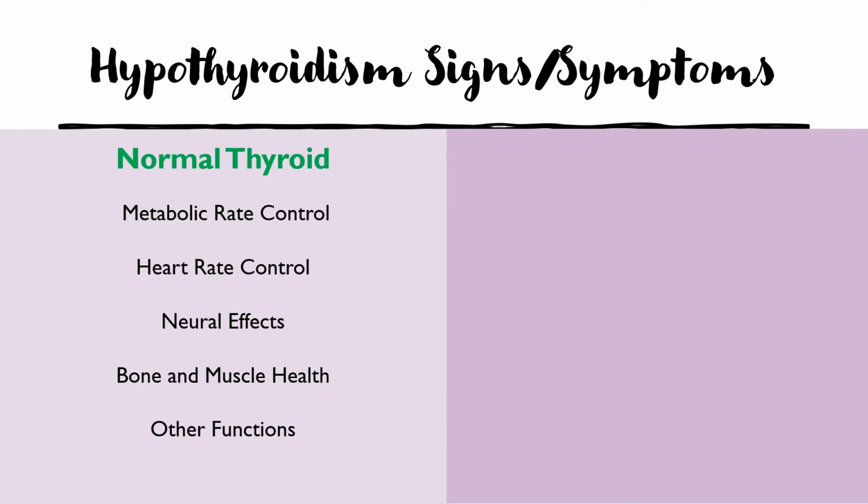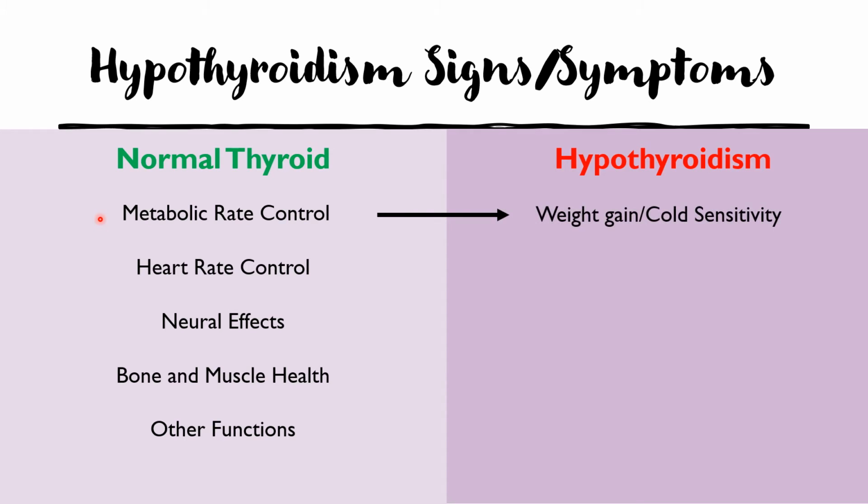As I mentioned at the beginning, we can extrapolate from the normal functions of the thyroid to work out the signs and symptoms of hypothyroidism. So for example, one of the functions of the thyroid is metabolic rate control. And if this decreases too much, it can lead to weight gain and cold sensitivity. Another function of the thyroid is heart rate control. And if this decreases too much, it can lead to bradycardia.